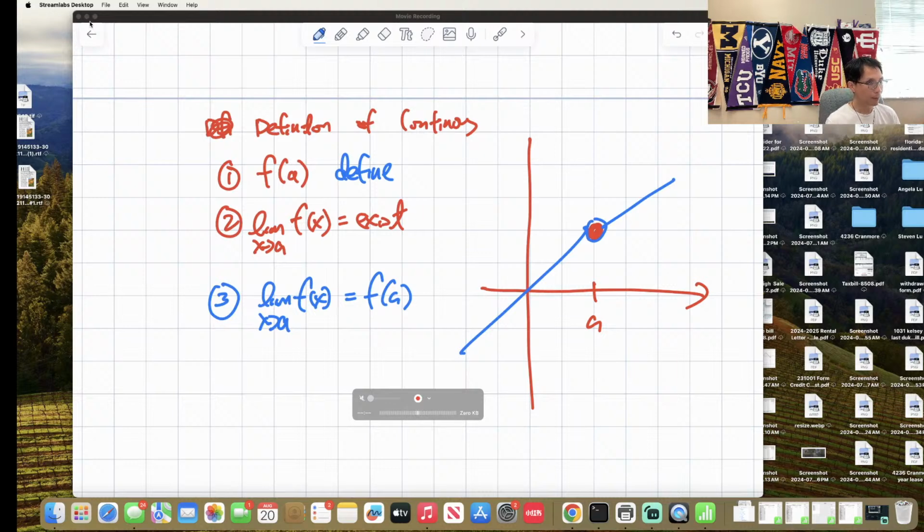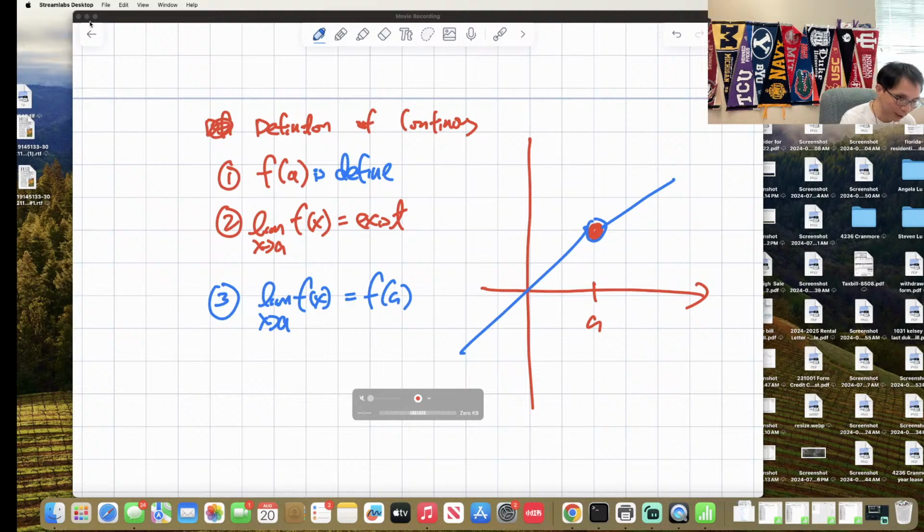What's the difference between those two? Defined just means there's a value. So I think defined is a better word than exist, but they probably mean the same thing. Okay, so f of A is defined. The limit as x approaches A of f of x exists. And for the limit to exist, the left and right have to equal each other.